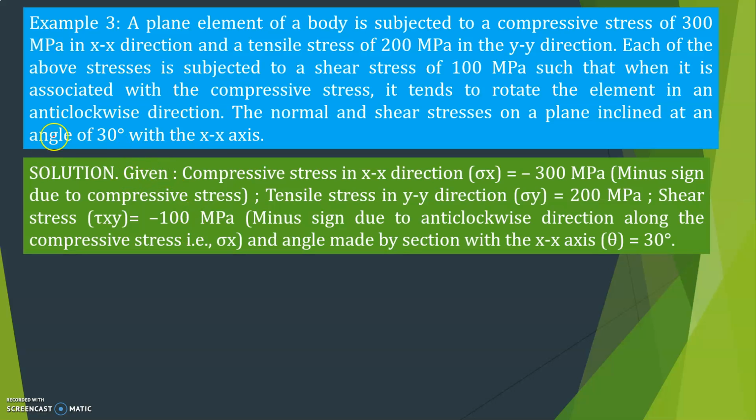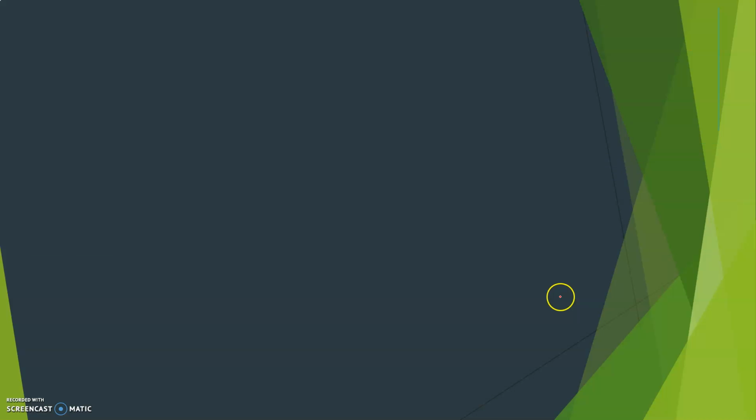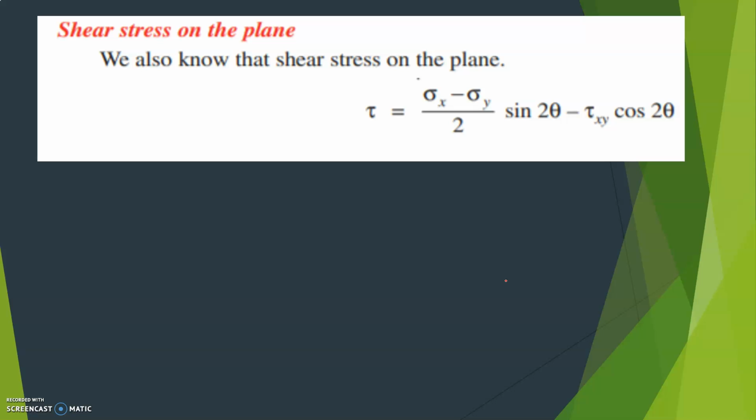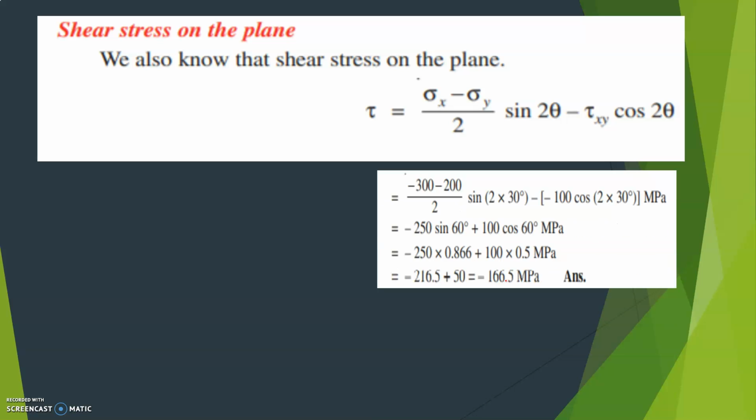Minus sign due to anticlockwise direction along the compressive stress, and the angle theta is 30 degrees. So direct substitution, use the formula and find the answer, and again for shear stress, use direct substitution, find the answer. Okay, next class we will discuss if you have any difficulties in this chapter.